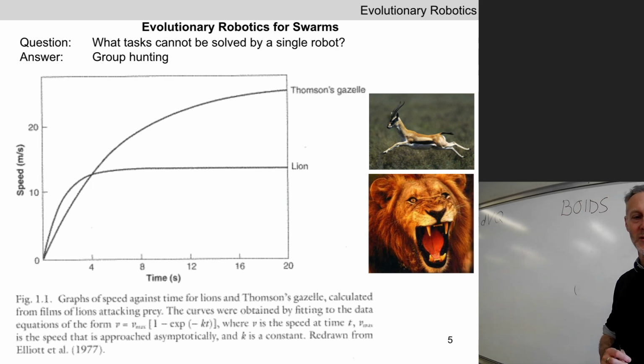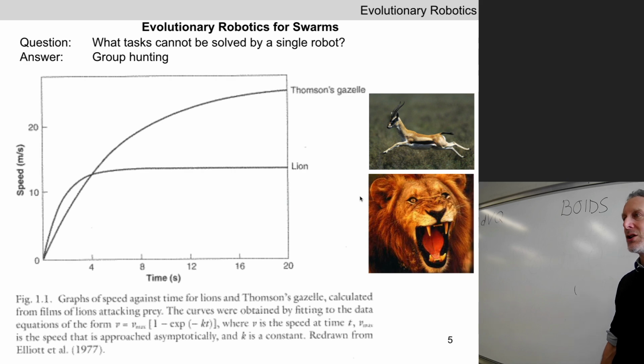Very, very fast animals, but they actually have a relatively limited top speed. Some of them, others very high top speed. Most of their prey on the Serengeti plain have lower acceleration curves, but once the Thompson's gazelle, for example, gets going, no single lion is ever going to be able to capture it.